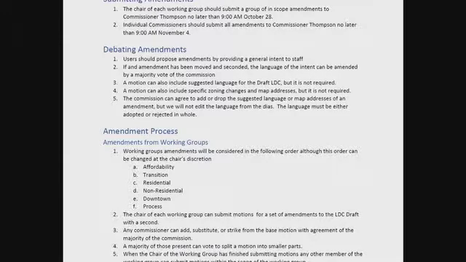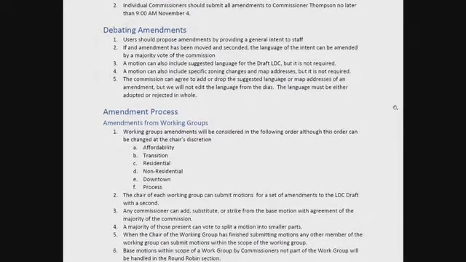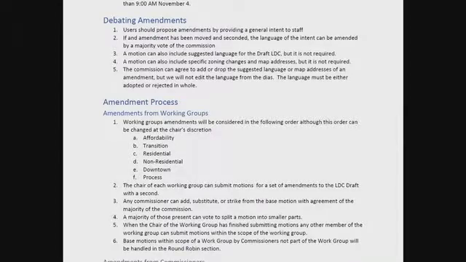You can also make an amendment to split the motion into smaller parts. After the chair of the working group is finished submitting all of the package amendments, then another member of the working group can submit motions related to that working group, whether it's transition or affordability and so on.